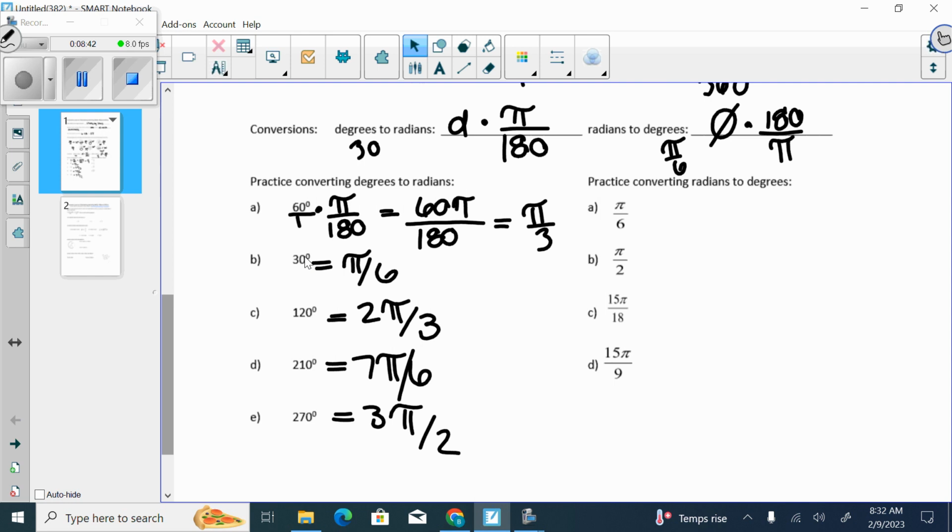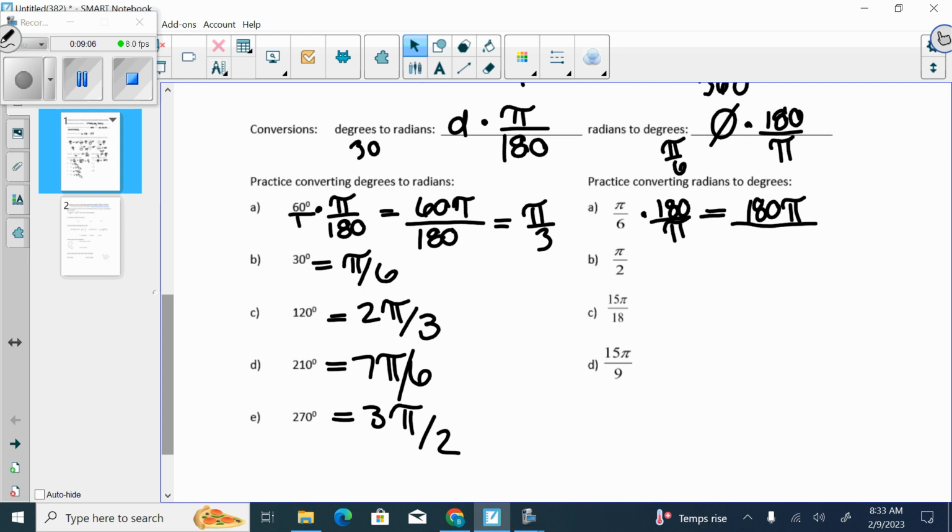Then when we convert from radians to degrees, we multiply by the reciprocal. So it says we multiply by 180 over pi over here. So again, I multiply across numerator and denominator. So in the numerator, I have pi times 180, which is just 180 pi.